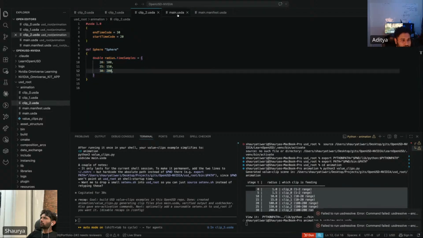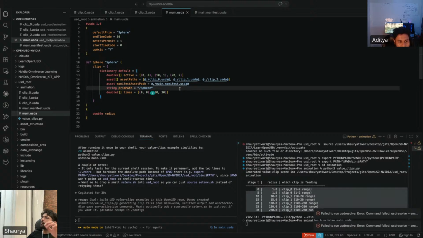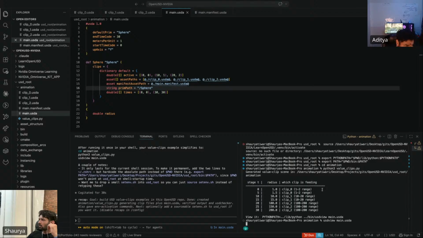I guess we have multiple clips, right? If you look at the table, we have 0, we have 1, we have 2. So I think that's what it is talking about: which clips will be active in this phase, and which clips will be active at that phase. 1 to 2 range, 10 to 20 range, 10 to 20, 100. No, that doesn't make sense.